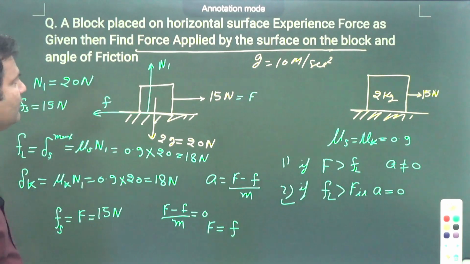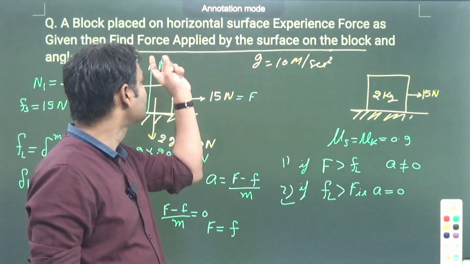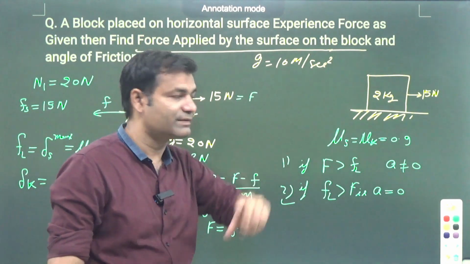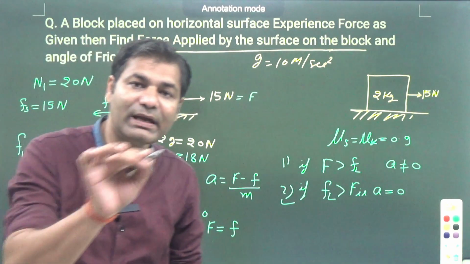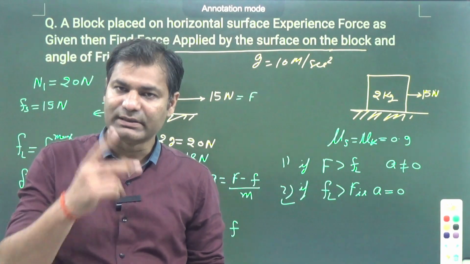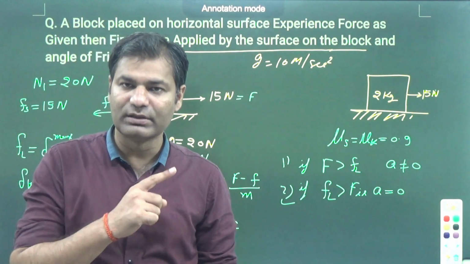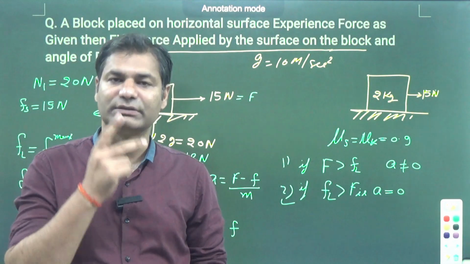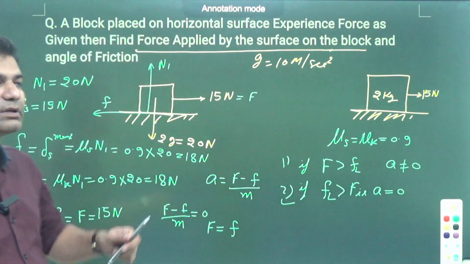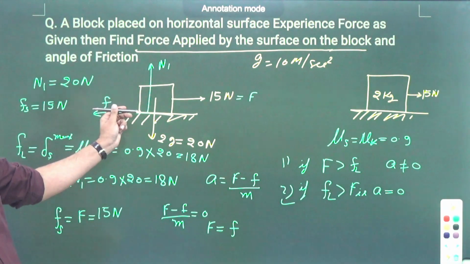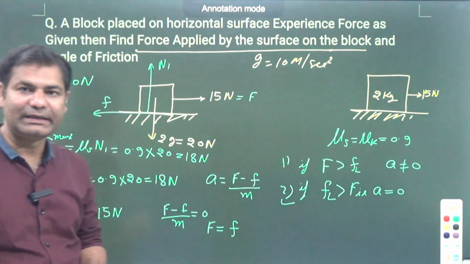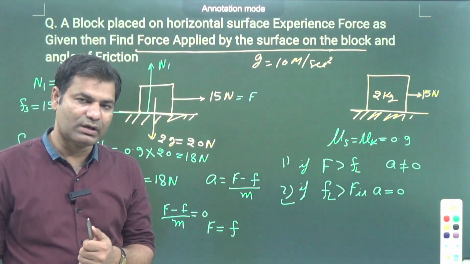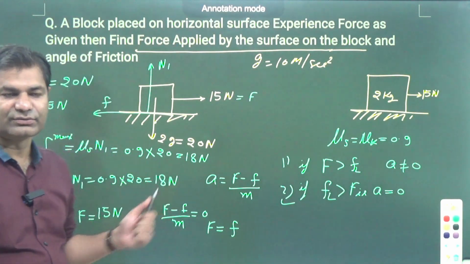But our motto is to focus on the force applied by the surface. Here there are two forces applied by the surface on the block, the normal force and the frictional force, so we focus on the resultant of these two.